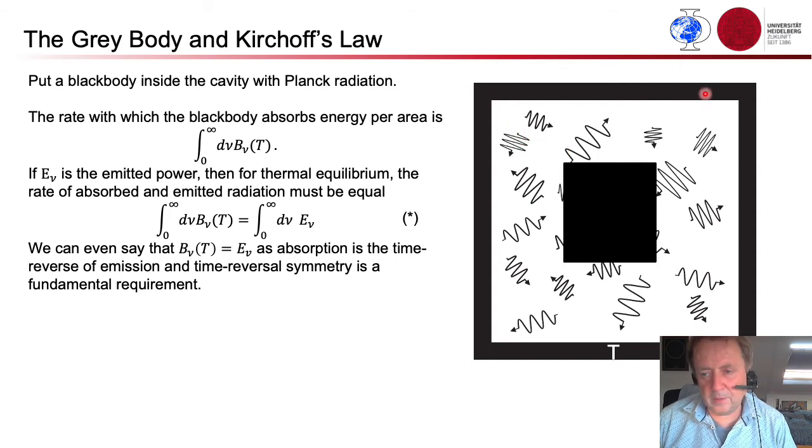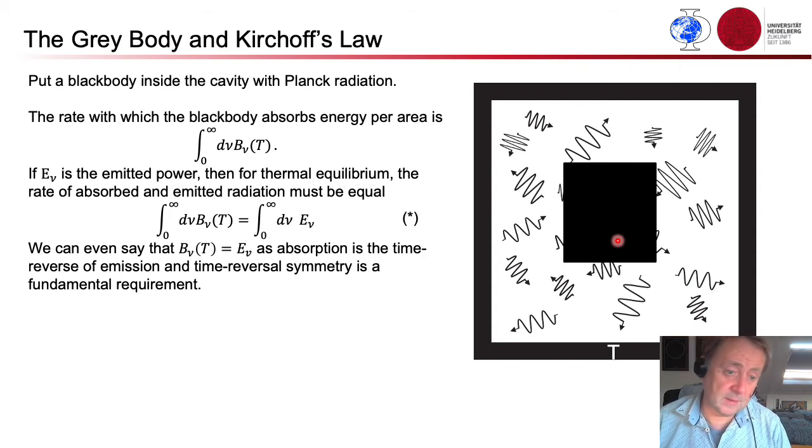We have our cavity, our container, the walls we put at a constant temperature, and after some time we get a thermal equilibrium, and inside our container we have the Planck radiation of the temperature T. Now we put another body of the same temperature inside our cavity, so we actually put it in a bath of black body radiation.